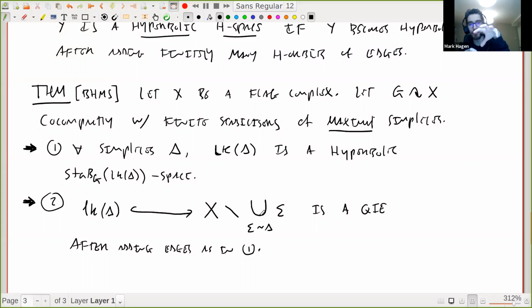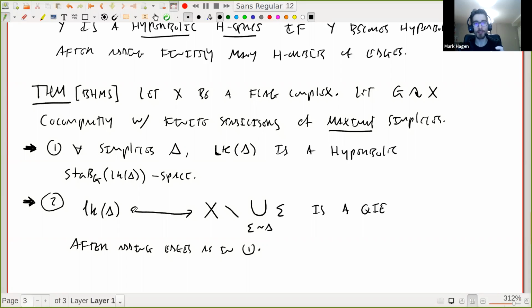But if I remove all the simplices with that link, then in what's left, the link is quasi-isometrically embedded all of a sudden, in the metric that you get when you add the edges to the link of delta. So these are the two key things, and I'll explain.